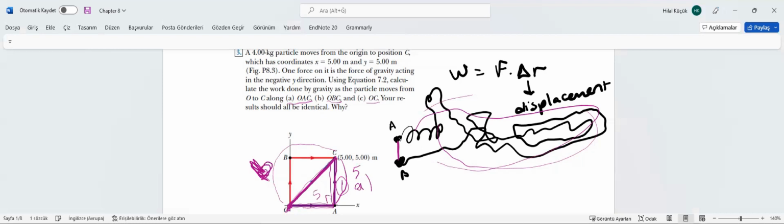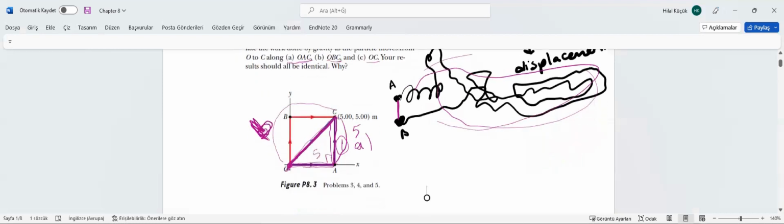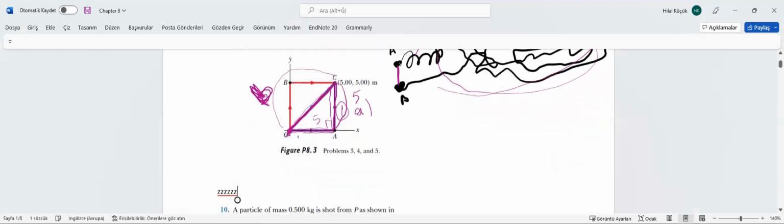There is a triangle here, of course. So this must be 5 root 2. For A, my displacement will be 5 point something meters.